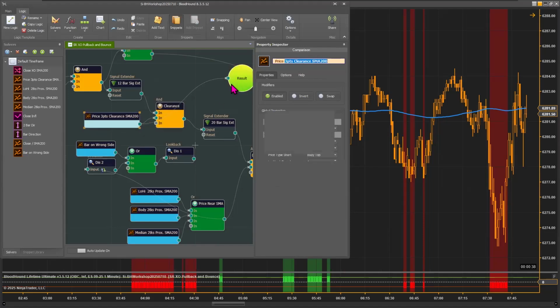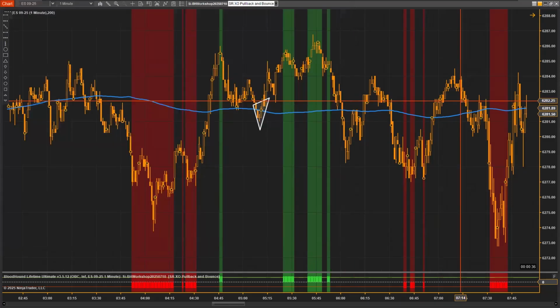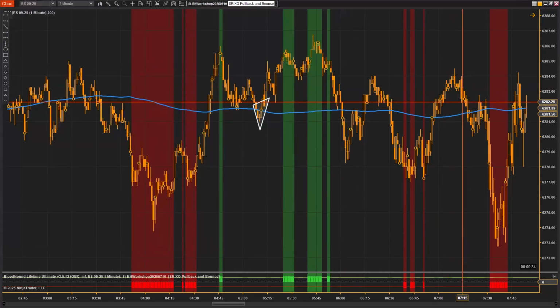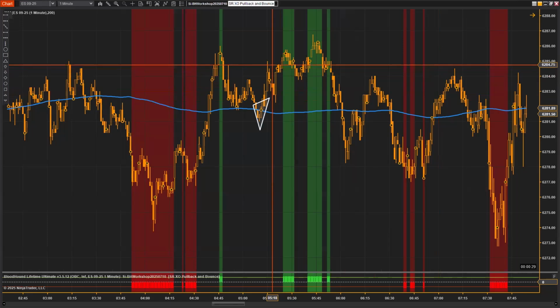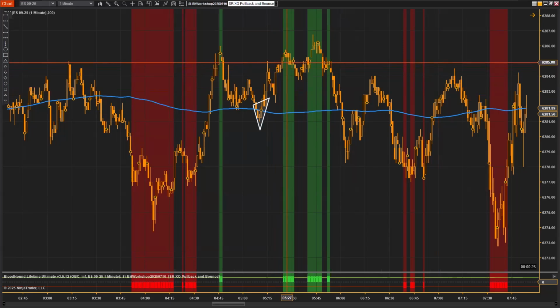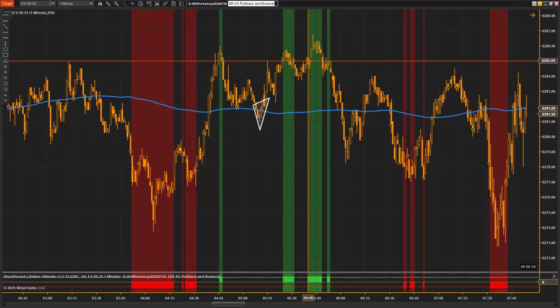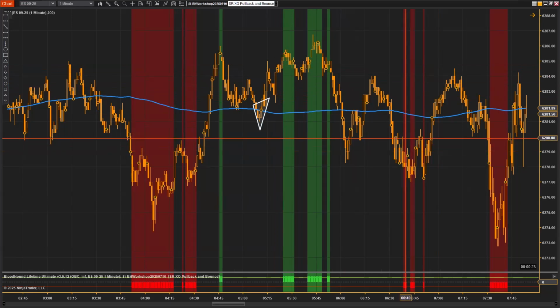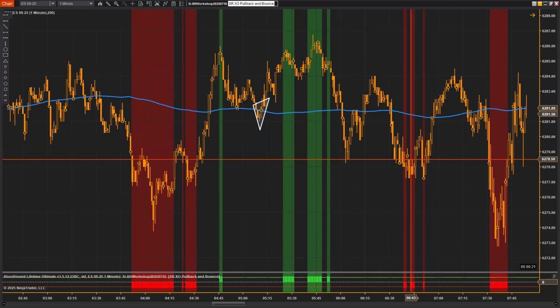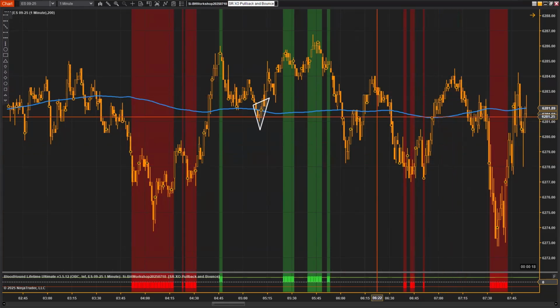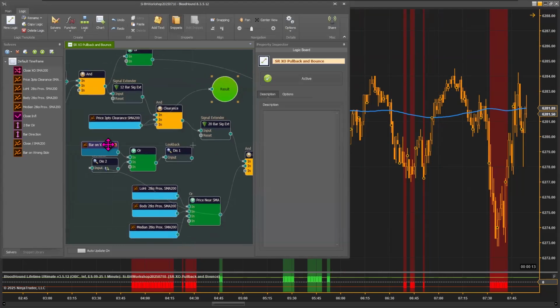I have that connected into the result nodes, so I can check, did we have 3 points of clearance? I can see there's no long output here, but over here we had 3 points of clearance to the short side, but not there. So that is why we didn't get a signal there.